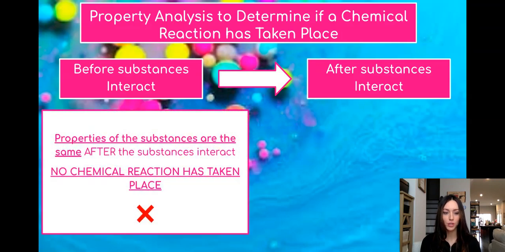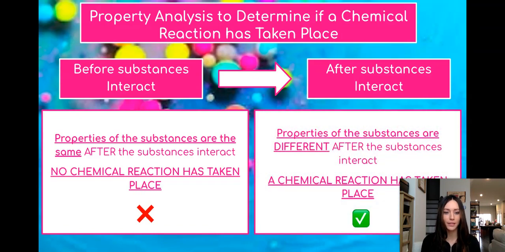There are only two options that we can find here. First, we may discover that the properties of the substances after the interaction are the same. This tells me the substances are still the same substance, meaning that no new substance has been formed and hence no chemical reaction has taken place.